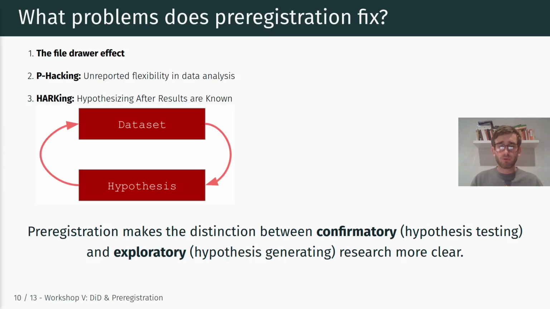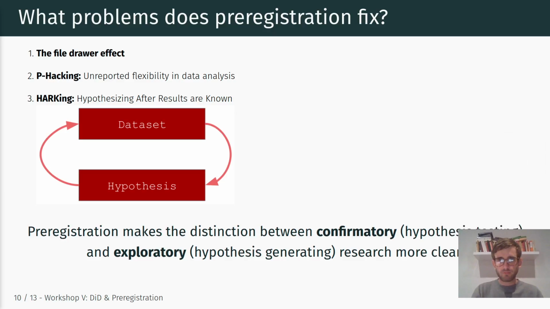Of course, we need exploratory analysis, but the key problem is that these need to be distinct, and it needs to be clearly communicated whether your results and your analysis are hypothesis testing and confirmatory, or whether they're exploratory and hypothesis generating, okay? Both are clearly important and an integral part of the research endeavor, but we need to be sure whether results can be interpreted as confirmatory or exploratory, okay?